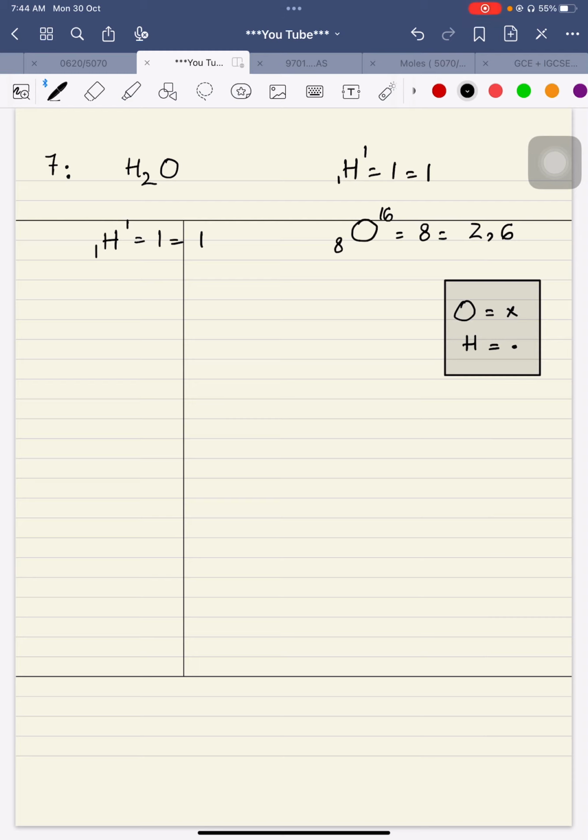Now we can see that oxygen is like this, and these are the two crosses. Look at here right now. Each oxygen atom is going to share two electrons with two hydrogen atoms separately. So these are the dots for hydrogen, and these are the hydrogen atoms. So there are two sharing regions, one with this and the other here.